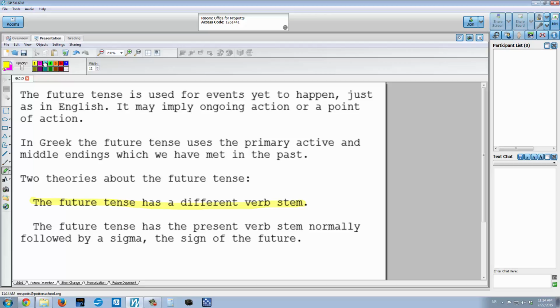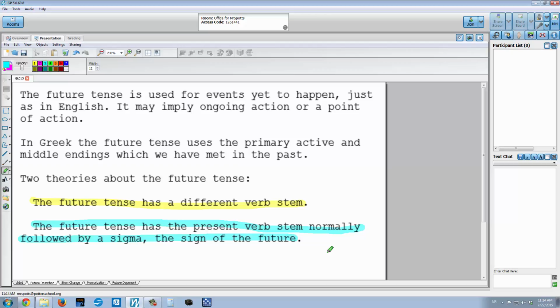Here's theory number 2, which I think you'll find easier. The future tense has a present verb stem, and it's normally followed by a sigma, which is the sign of the future tense. In English, we use a sign of the future tense, the helping verb will or shall.